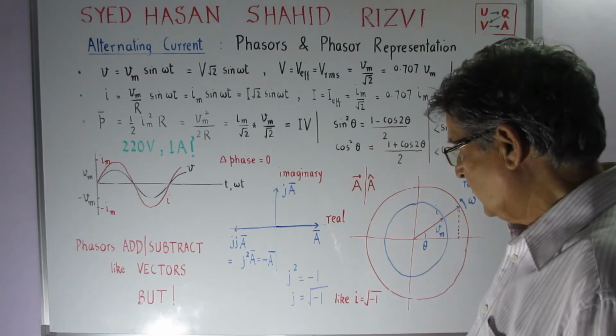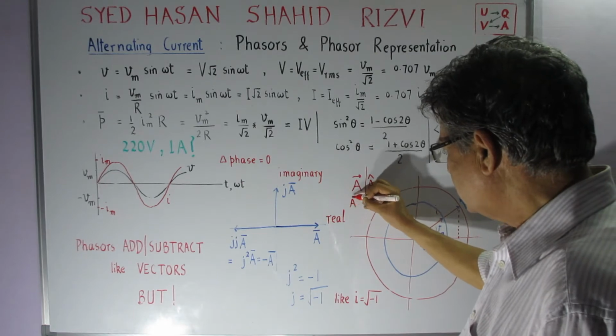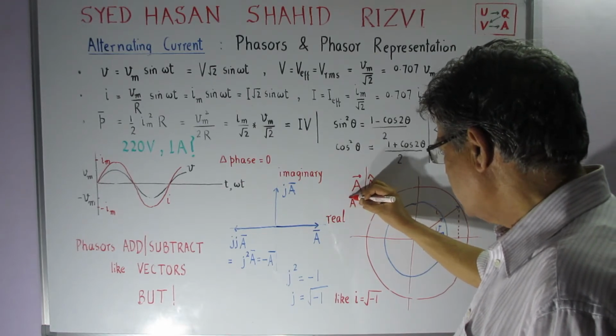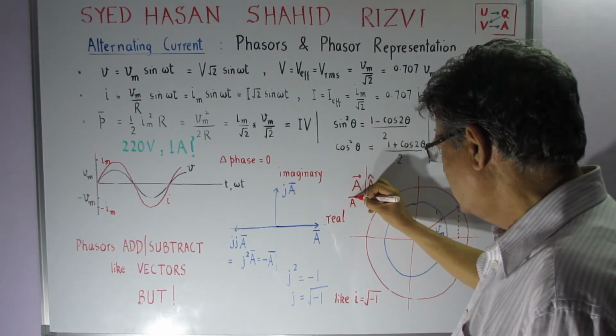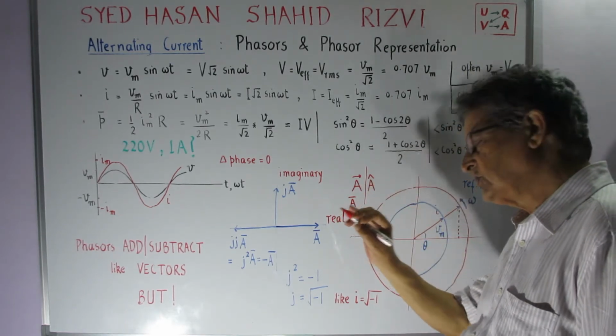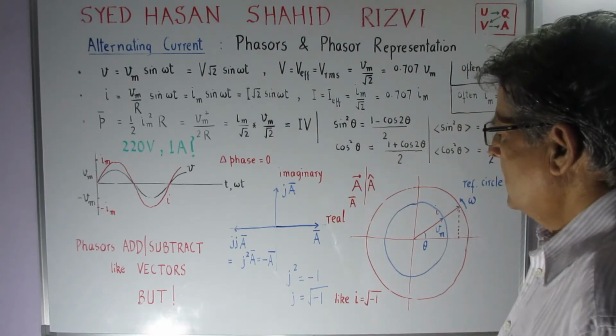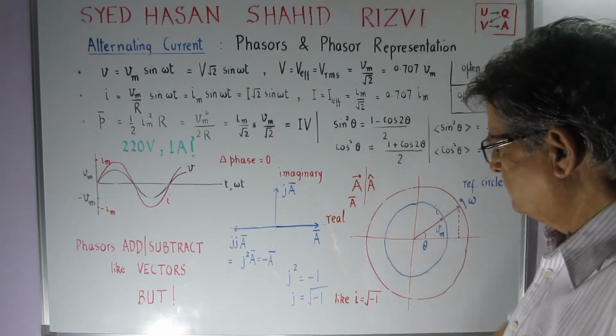Instead, we have A, and there is no tilde, nothing, just a straight bar, A bar.